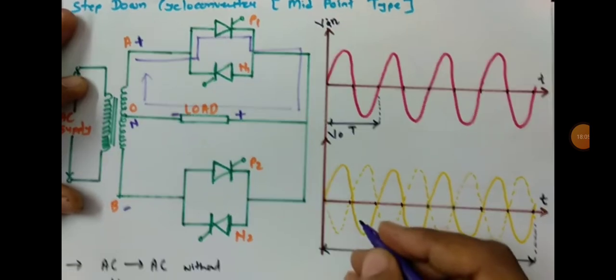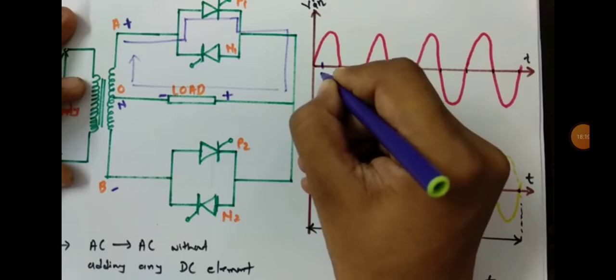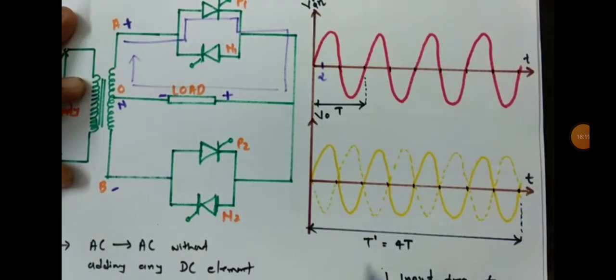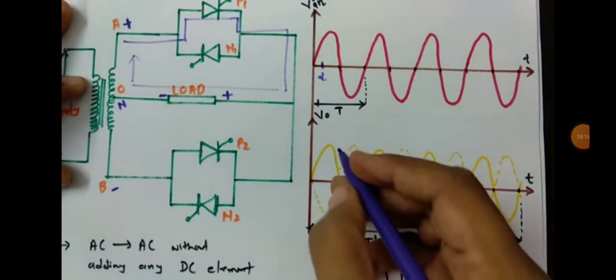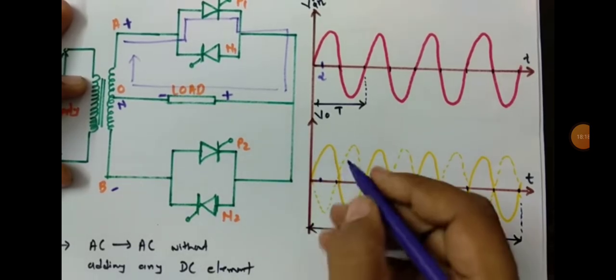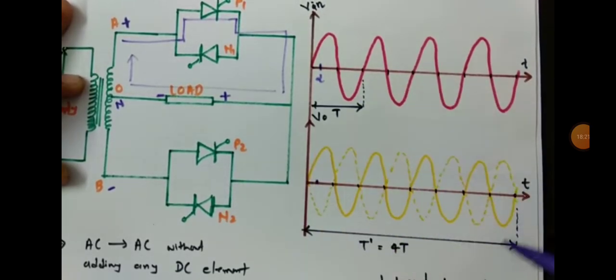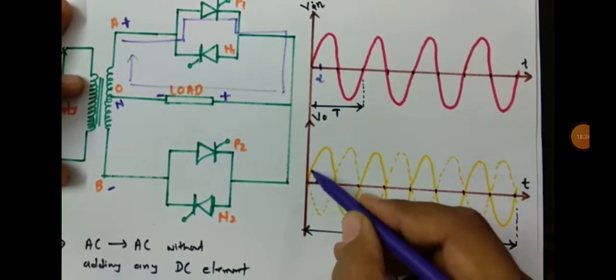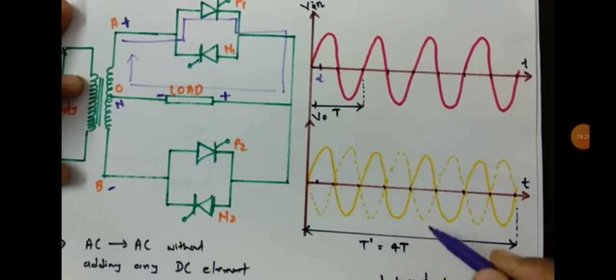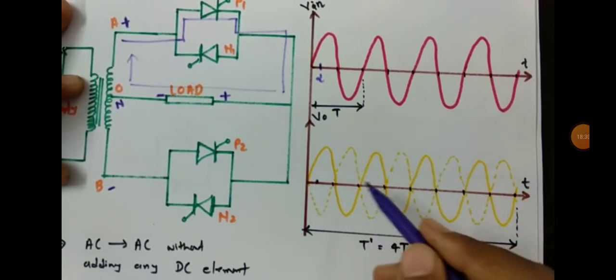So if I say at this instant alpha I trigger P1, then at this instant one can see this is the input, which is what I am plotting. By this dark yellow line we have the input, and this dashed yellow line is the envelope.